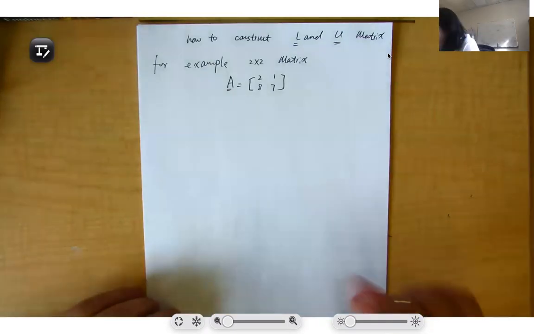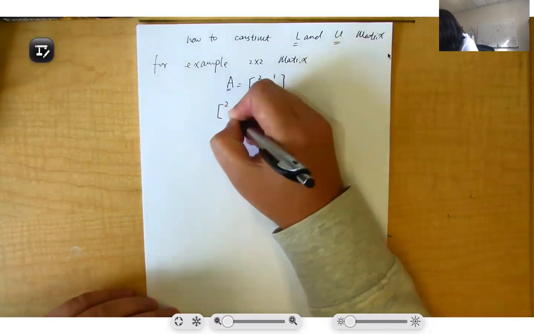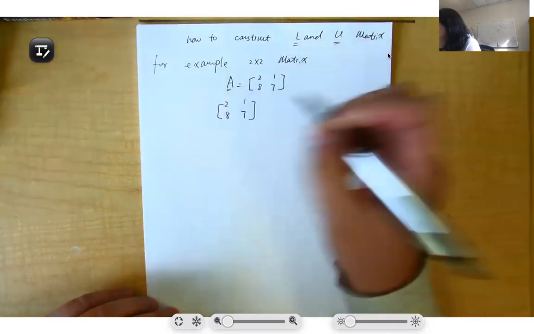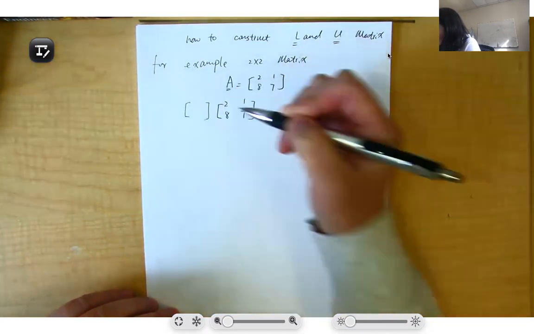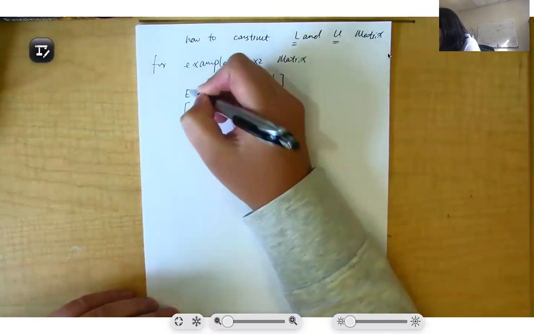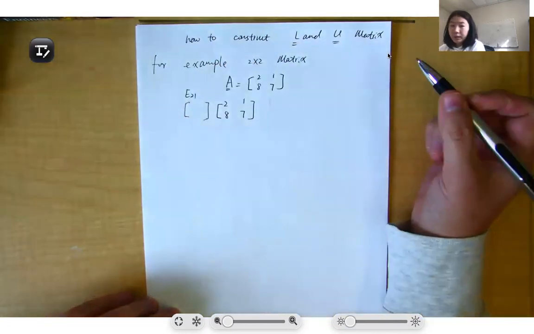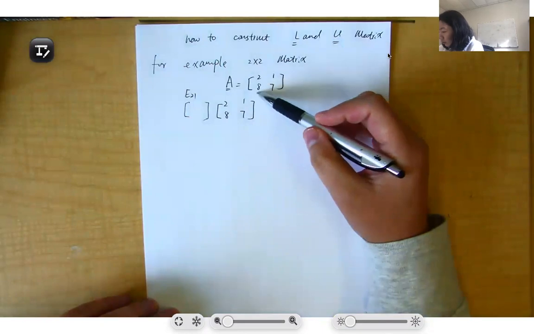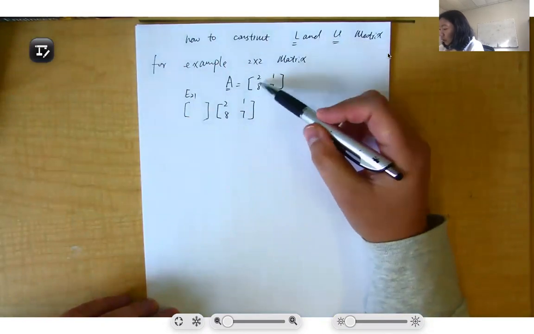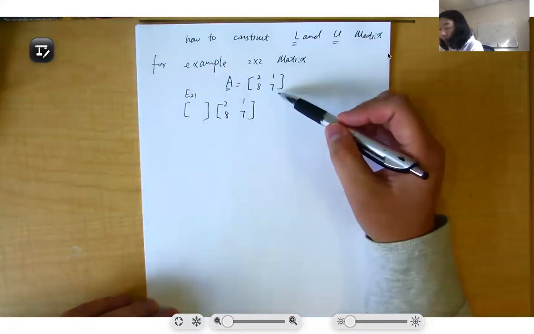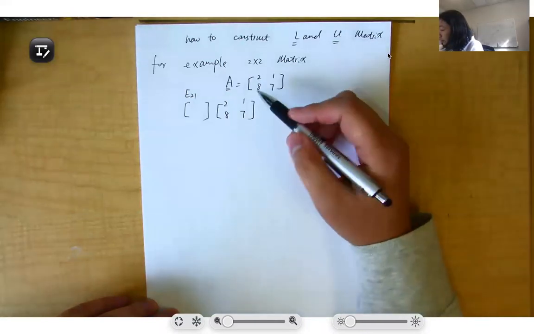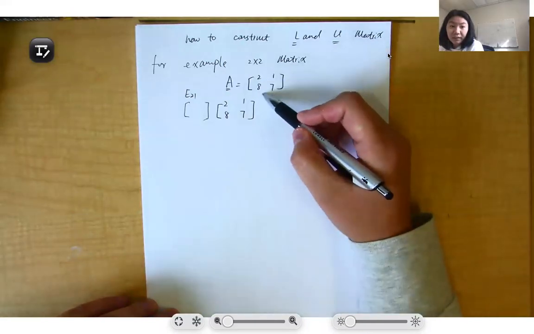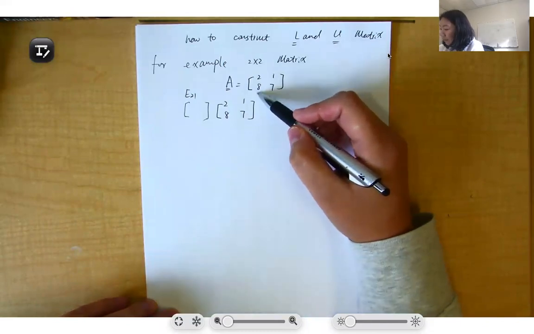Okay, so A is [2, 8; 1, 7]. We are trying to find its elementary matrices, for the second row. In order to make A an upper triangular matrix, you need to convert this 8, the second row first element, A21, to be 0.